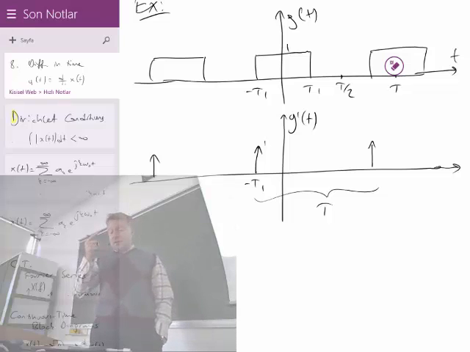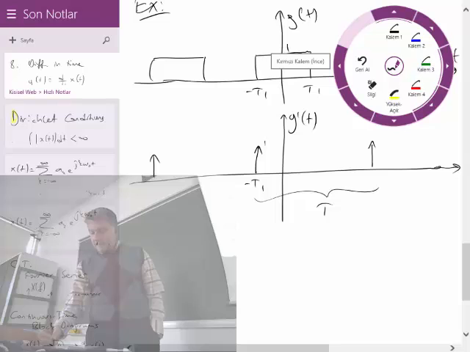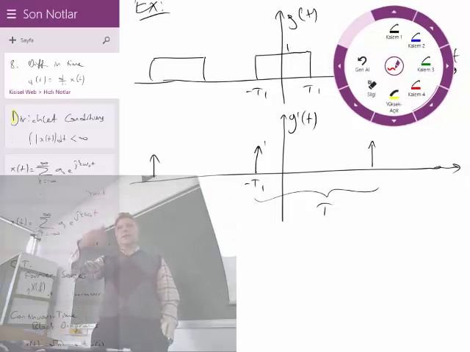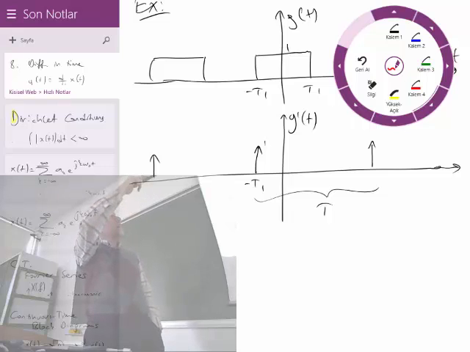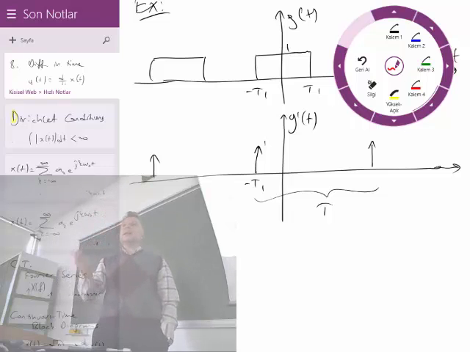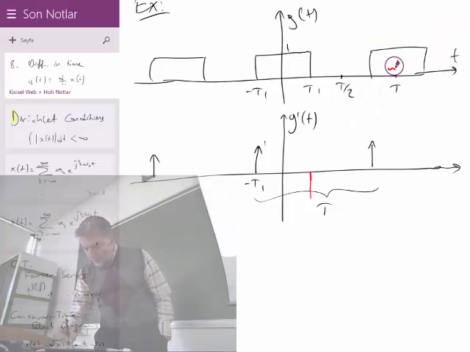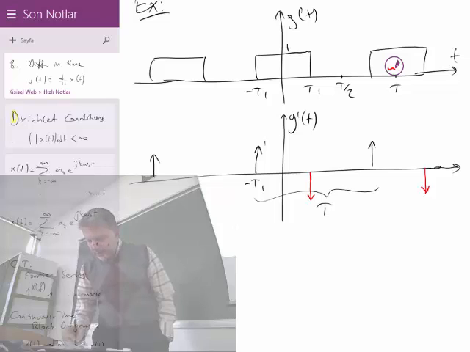But of course, it also has the downward going places. The downward going place is from 1 back to 0, and it's again a unit impulse with magnitude -1. In order to be more precise, I'm going to draw them with red as downward going arrows.